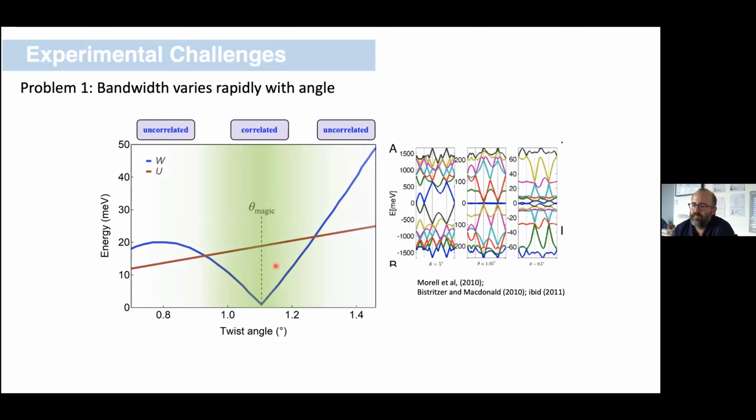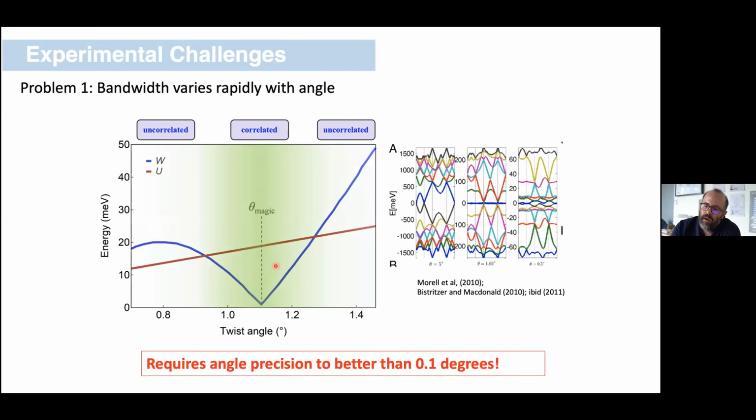So what that means is if I want to make flat band twisted bilayer graphene, I have to fabricate my device such that the twist angle is about 1.05 degrees, 1.1 degrees, plus or minus 0.1. That's a really small tolerance.